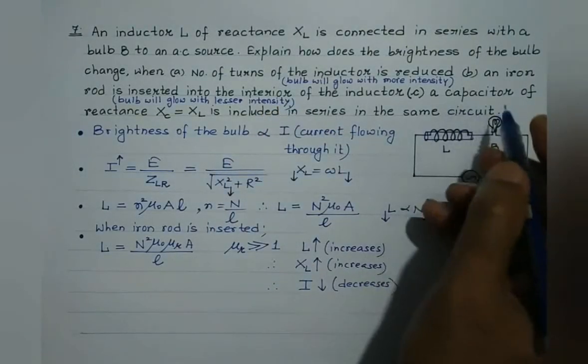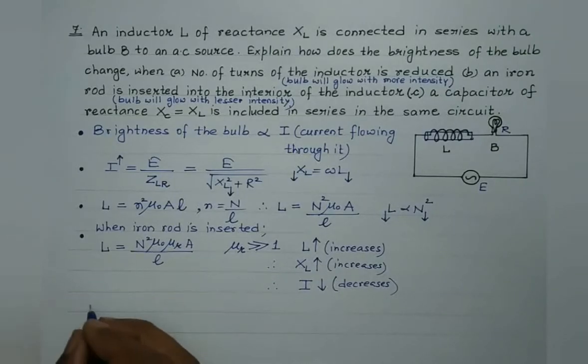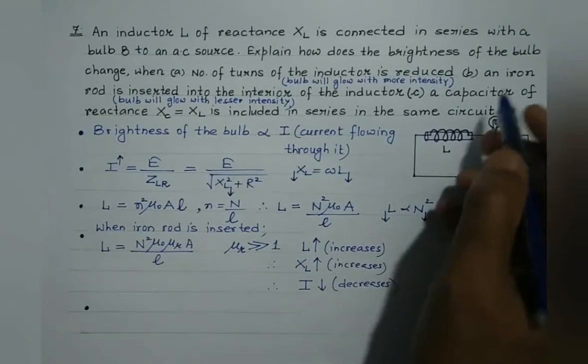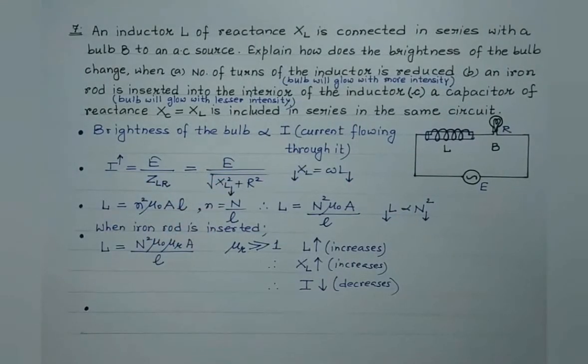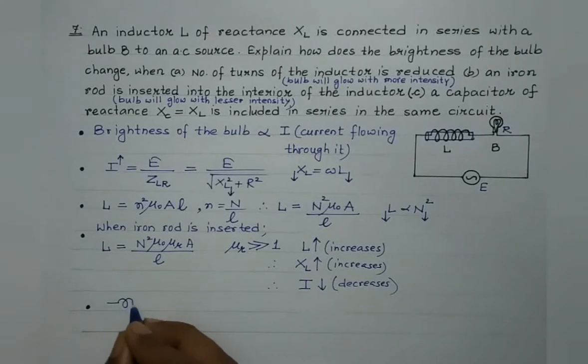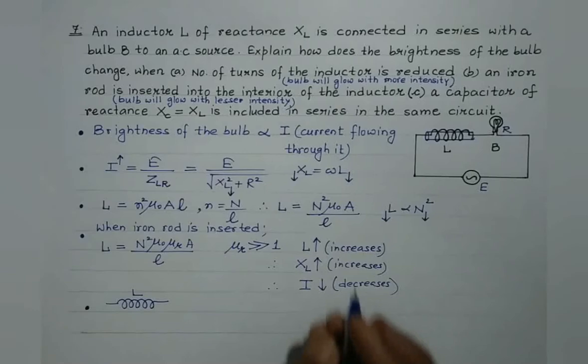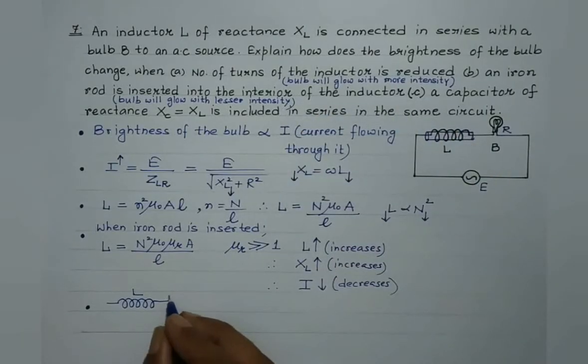Now let's consider the third part, which is again a very important one. A capacitor of reactance XC equal to XL is included in series in the same circuit. So now this is the case. This is the inductor which is already given. Now a capacitor is introduced over here.